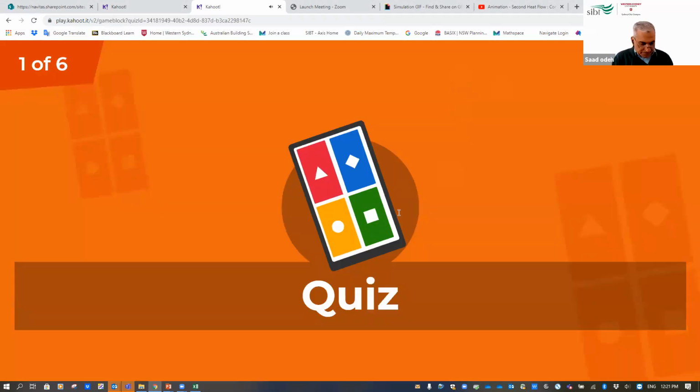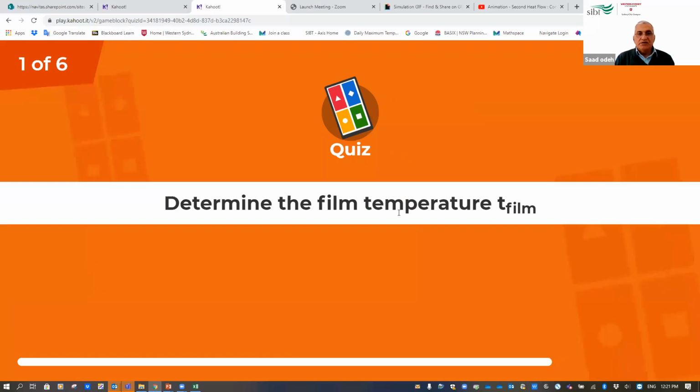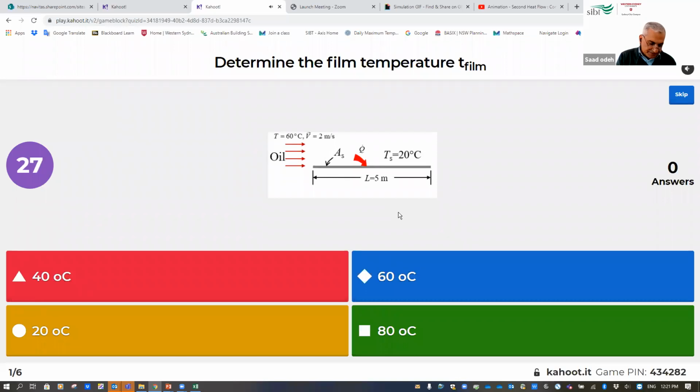Okay, so the first question here: determine the film temperature. Remember film temperature we said? So which one of them is film temperature?